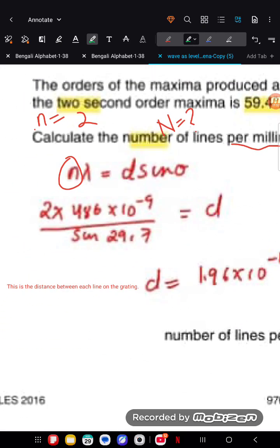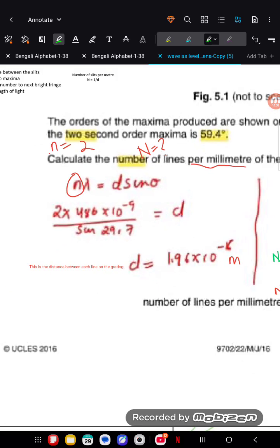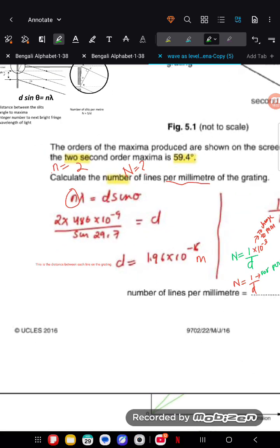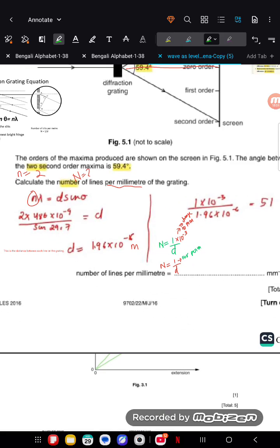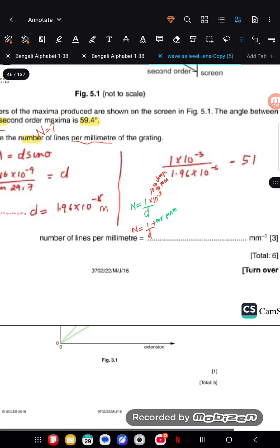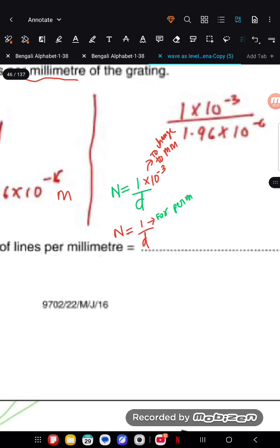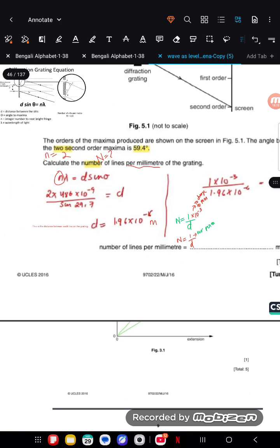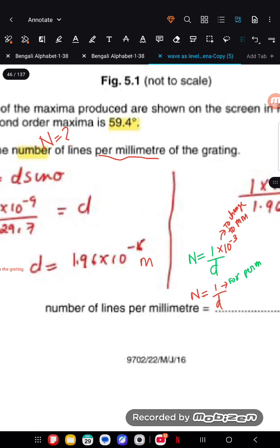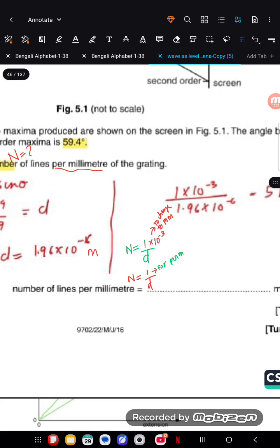See here I have arranged everything here, and I just put the value and got d. Then N is 1 divided by d, so I did 1 divided by d. Here I put 10 raised to minus 3 to change it to millimeter, because they are saying to change this into millimeter. So if I have to change this to millimeter, I will multiply with 10 raised to minus 3.